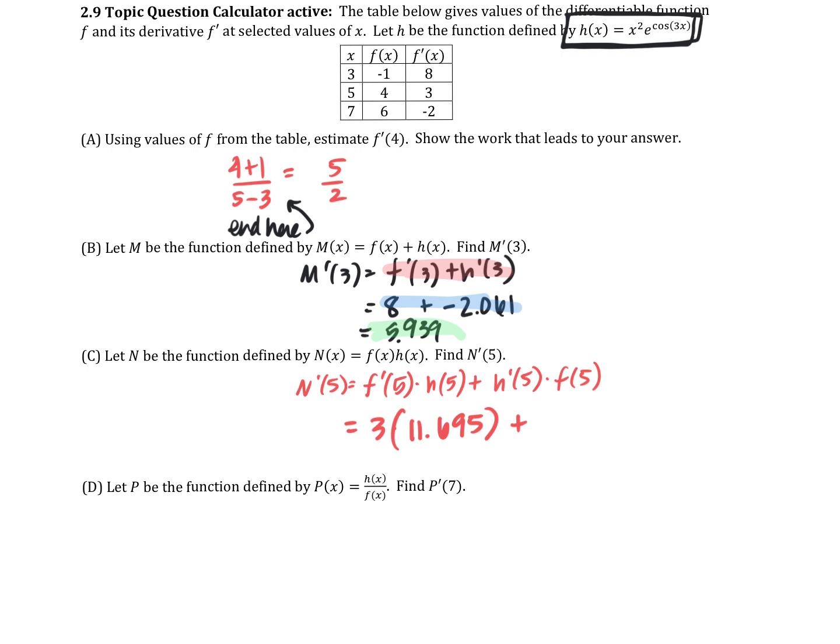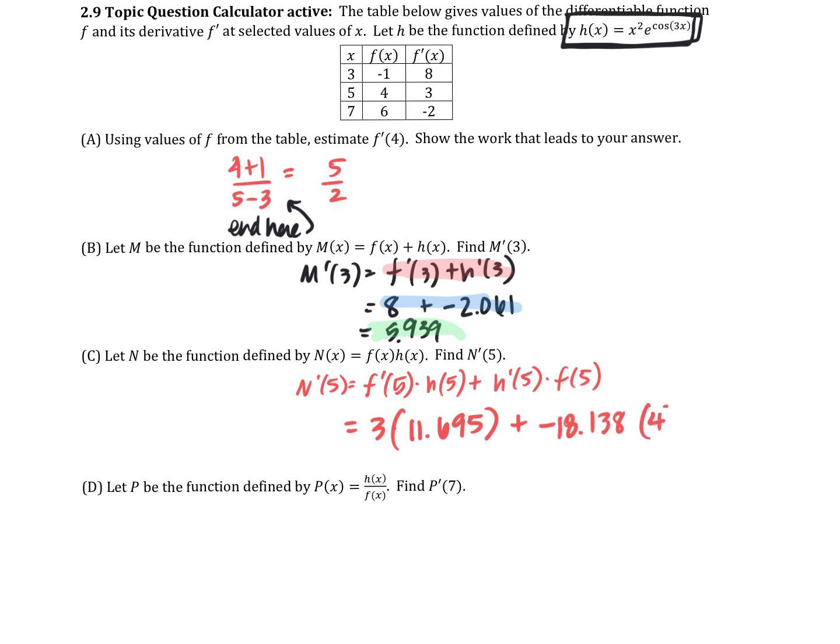What about when they need H prime of 5? I'm actually just going to go back up because I already have that derivative in there. I don't want it when x is 3, I want it when x is 5. And you need to round. Did I get an F of 5?